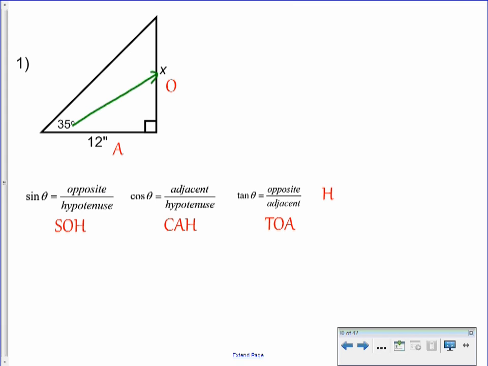Opposite. So we have our reference angle. Opposite to it is our x. Right beside it is our 12. So our problem is using an opposite and adjacent. Which of our trig ratios uses opposite and adjacent? Tangent.